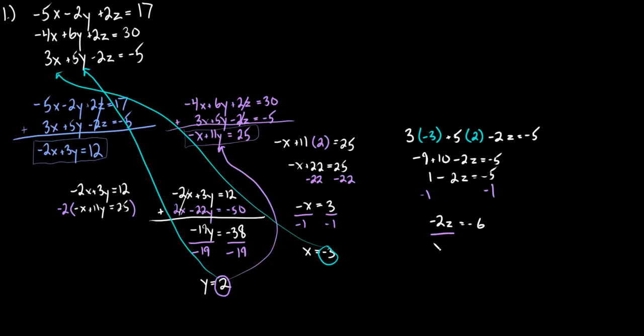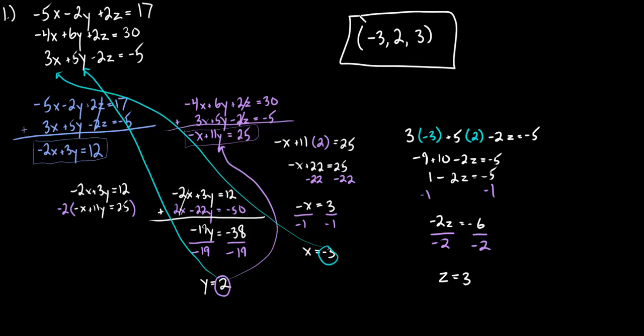Now divide each side by negative 2 to get z is equal to 3. Now I have all 3 of my variables, so I can write my final answer. x was negative 3, y was positive 2, and z was positive 3. So this point here would be my solution to this 3-variable system.